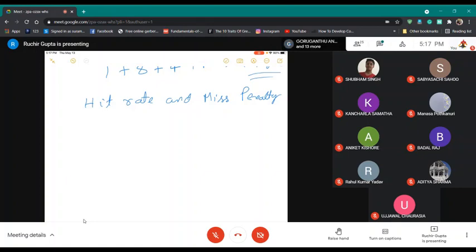When you miss it, because of the miss you have to go to main memory, transfer it to the cache, and then transfer it to the processor. The time that you spend is termed the miss penalty. How much hit rate you get depends on the organization of the cache and the replacement algorithm.